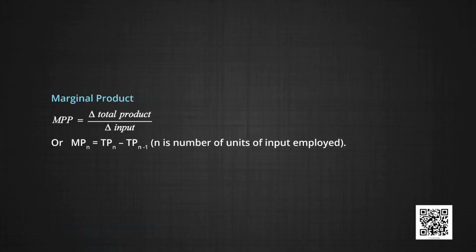The third concept is that of marginal physical product, and this is the addition to total physical product or output when an additional unit of the variable factor is employed. Marginal product measures extra output per incremental unit of input, holding all other inputs constant. Thus, additional output added by the use of an additional unit of input, say labor, is called marginal product of labor.